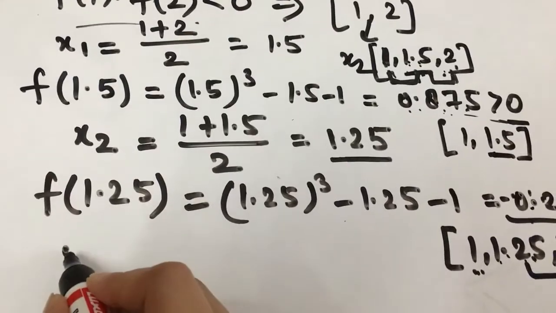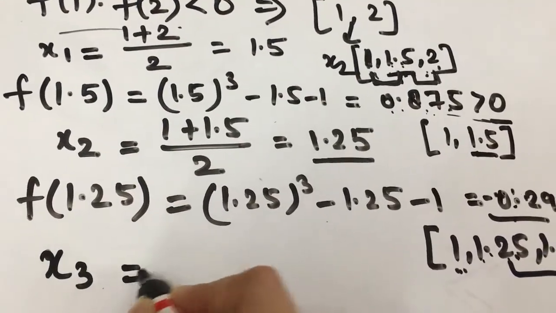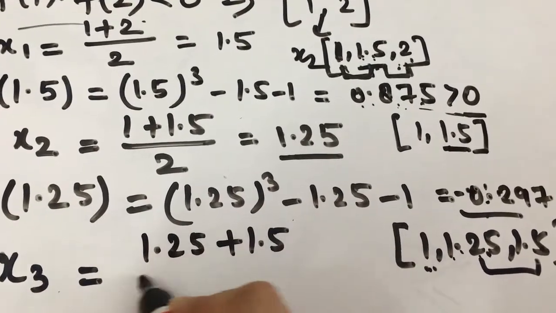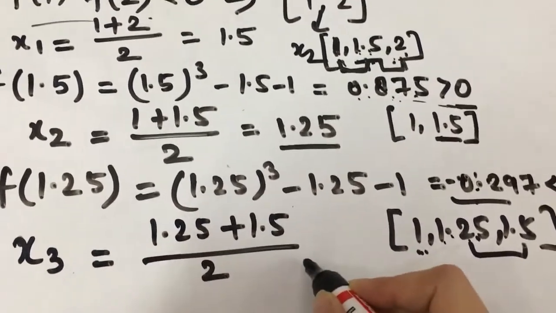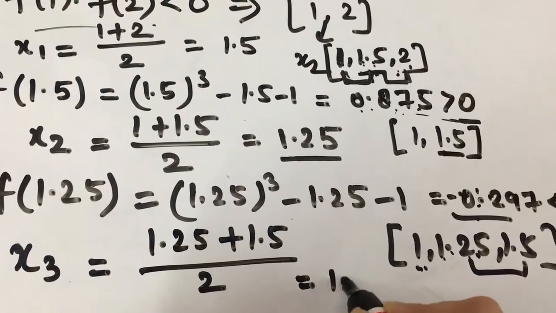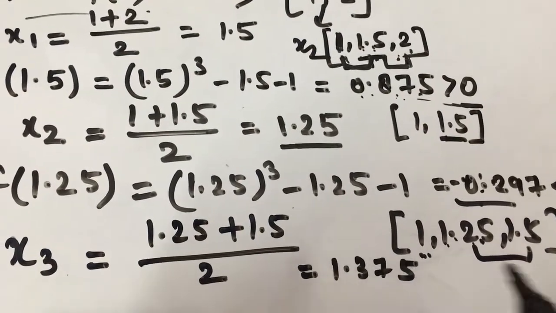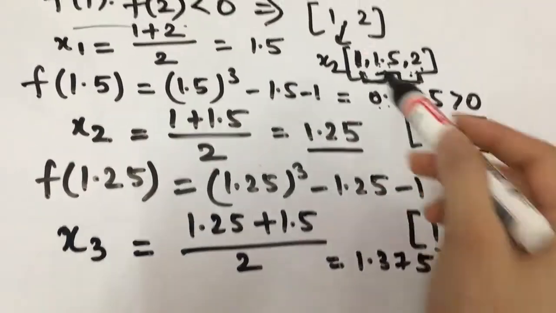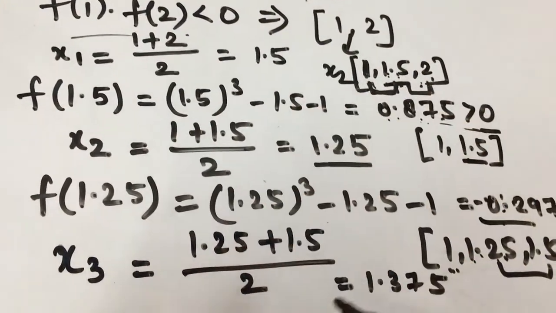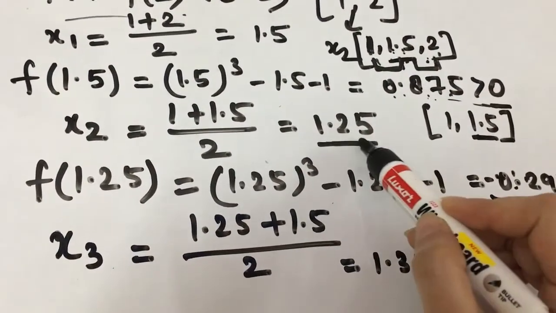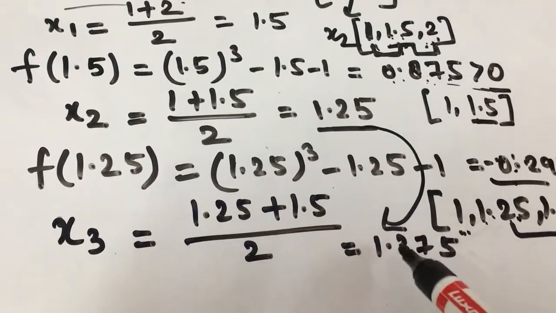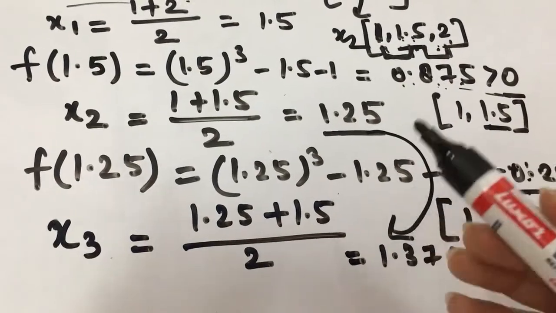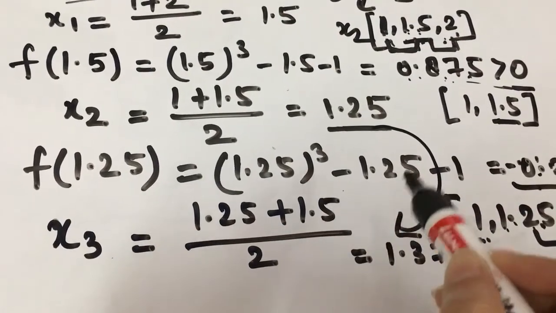So what will be my third approximated root? x3 will be (1.25 plus 1.5) by 2. So its value will be 1.375. I need to repeat this process until the approximated roots become equal, or somehow equal after doing some round off.